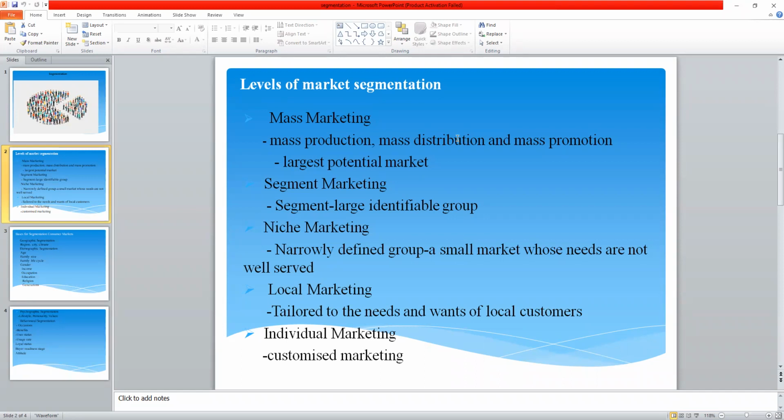So here the mass marketing creates the largest potential market, which helps in maintaining the economies of scale, which ultimately lowers down the cost and leads to lower prices, or one can say higher margins, that is more margins.